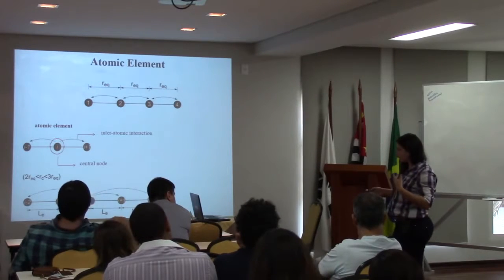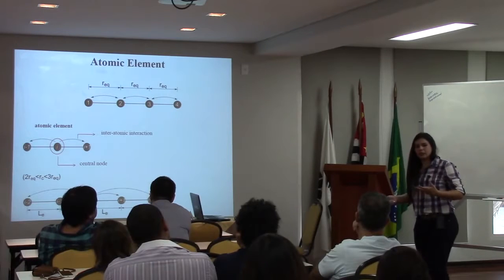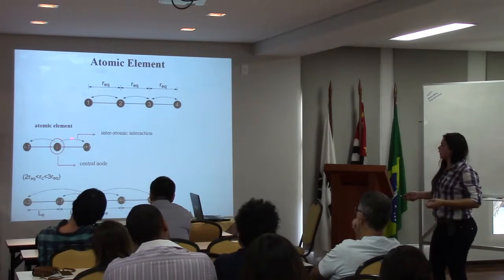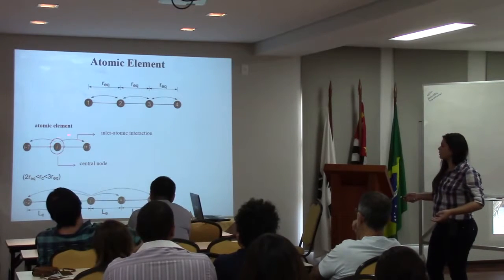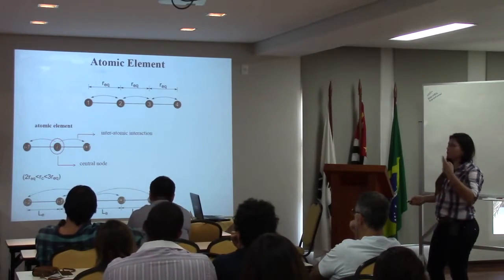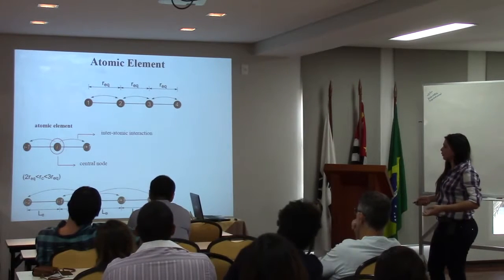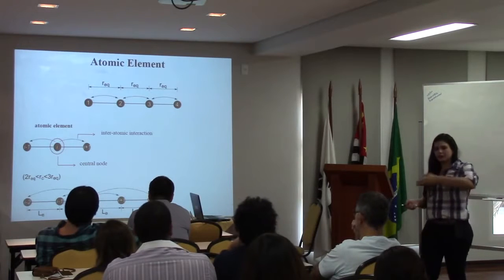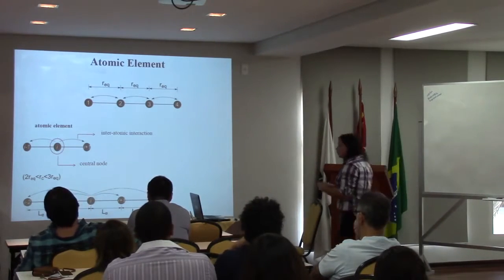You define this atomic element based on the cutoff value. If my cutoff value is just the same as the equilibrium position, I have just this kind of connection, one on this side and one on this side. But if I say it's 2 times the equilibrium position, I will connect the central node with the first neighbor and the second neighbor. How do you define it?